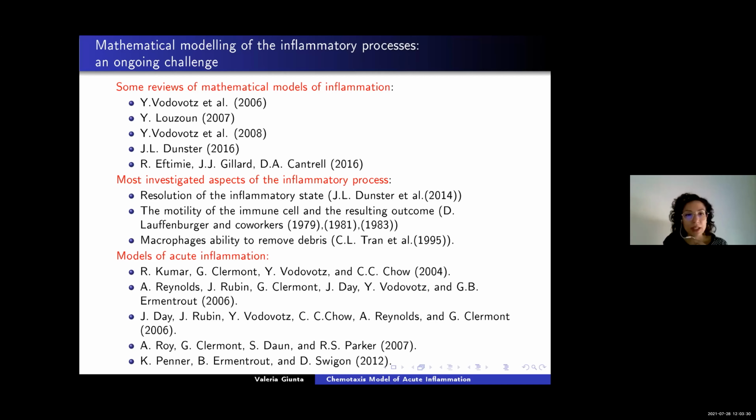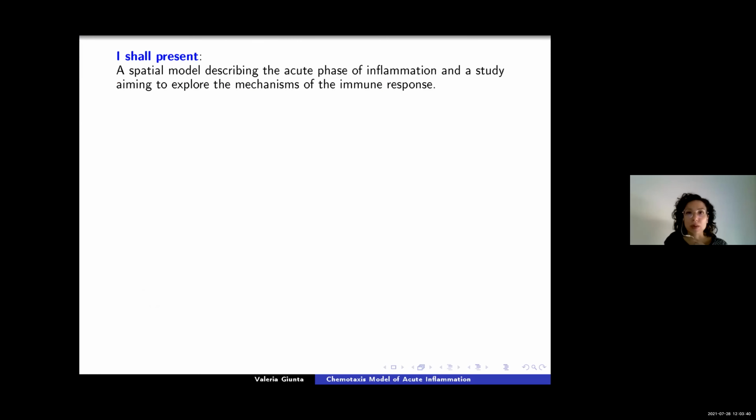But the majority of these models do not take into account the spatial aspect. Today, I shall present a spatial model describing the acute stage of inflammation and a study we performed to explore the mechanisms of this phenomenon.